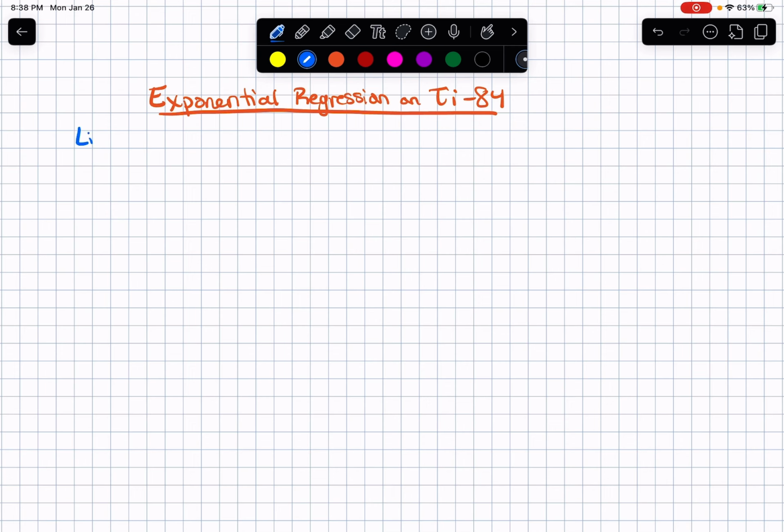So a linear regression is when we have a set of data, and let's say we plot our data on a scatter plot like this, and we want to calculate a line of best fit.